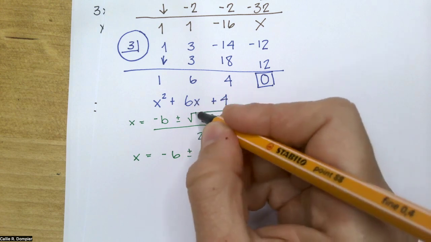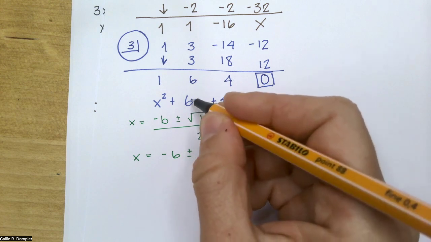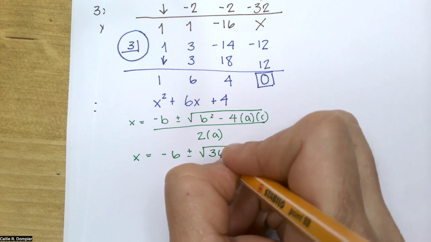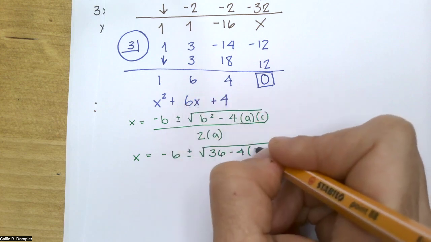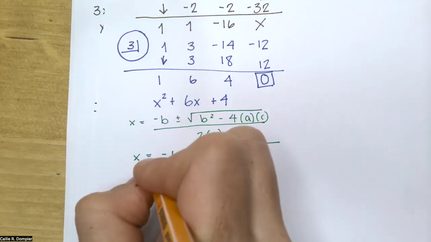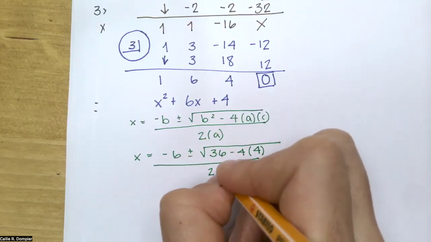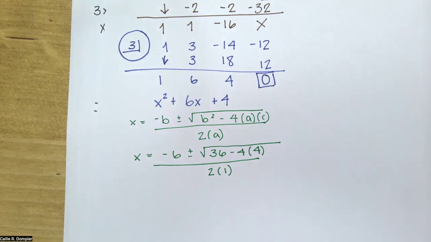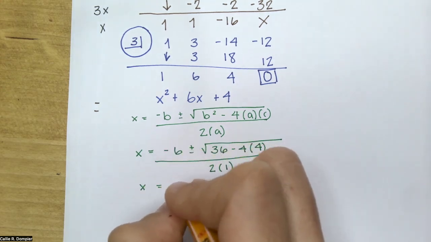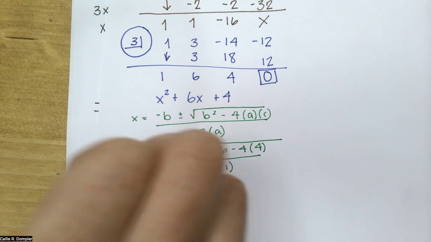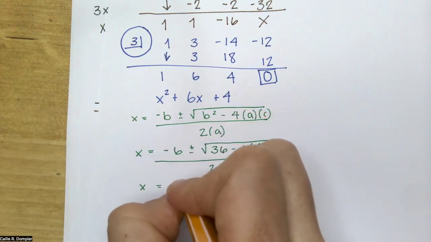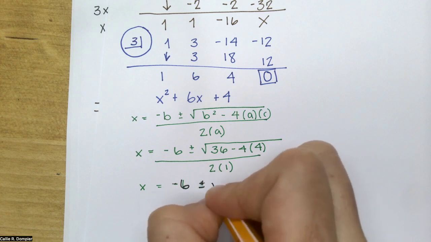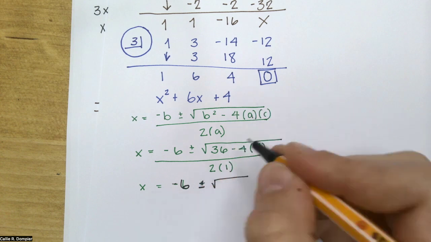If this was a negative, you'd need to be careful with the negatives, but basically 6 squared is 36, right? Minus 4 times a, which is 1, times c, which is 4, over 2 times 1. Good? So x equals -6 plus or minus the square root of 36 minus 16.